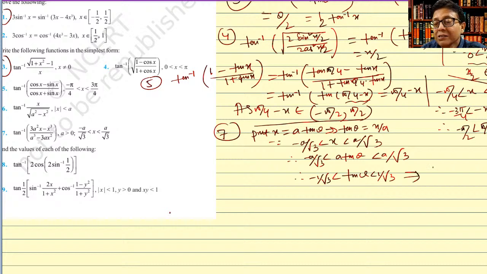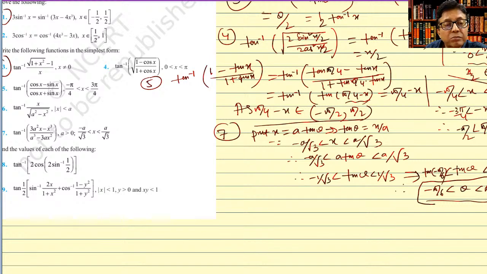This implies tan theta is greater than, less than tan pi by 6. Therefore, done.